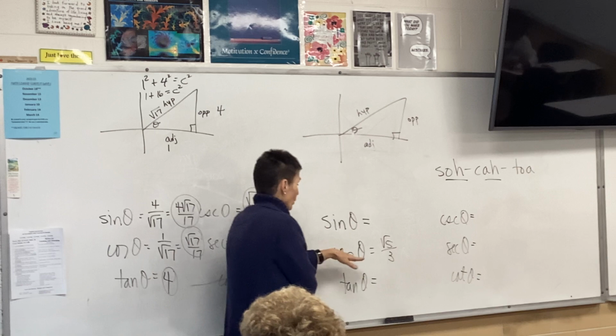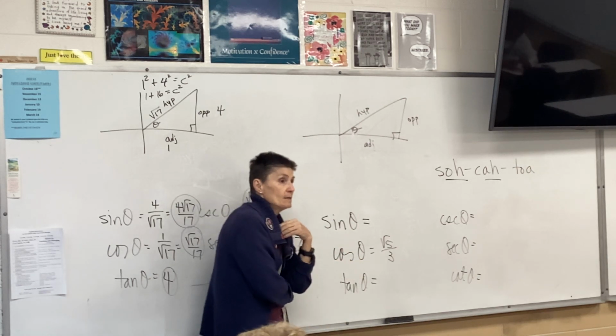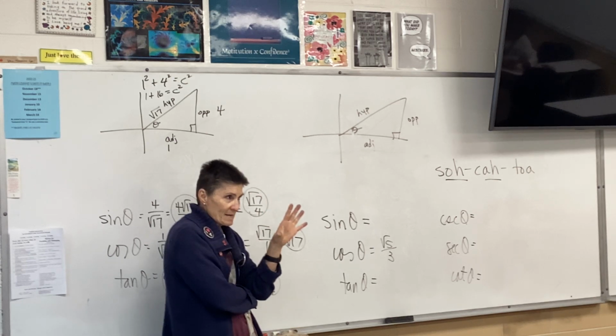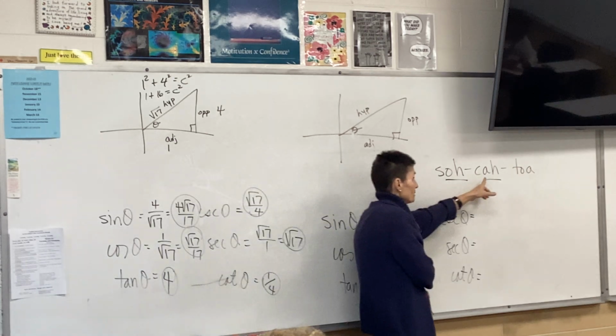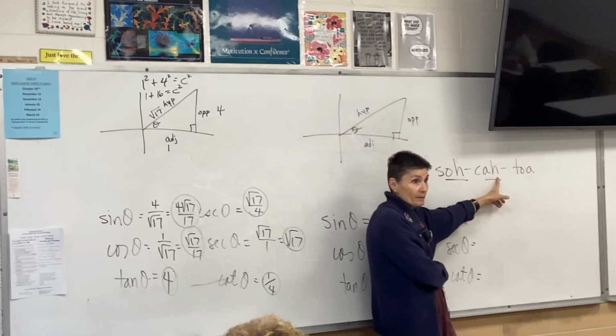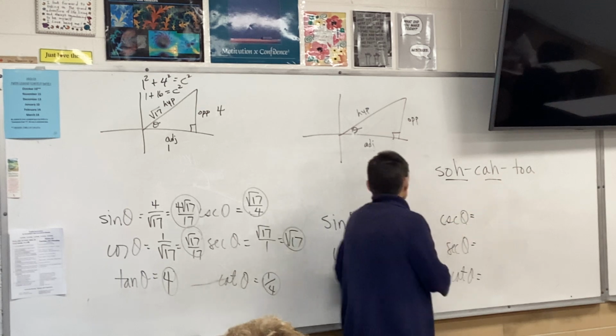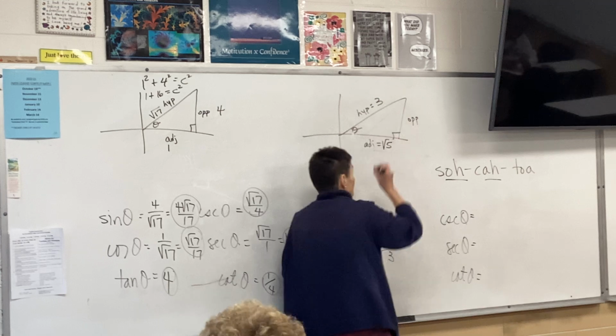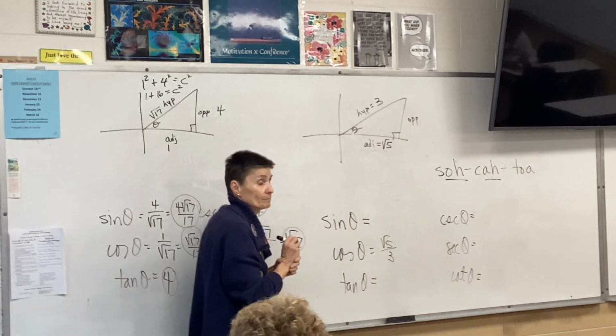All right, what do we know? We know the cosine is square root of 5 over 3. So what does that mean? Cosine. Adjacent is square root of 5, and hypotenuse is 3.